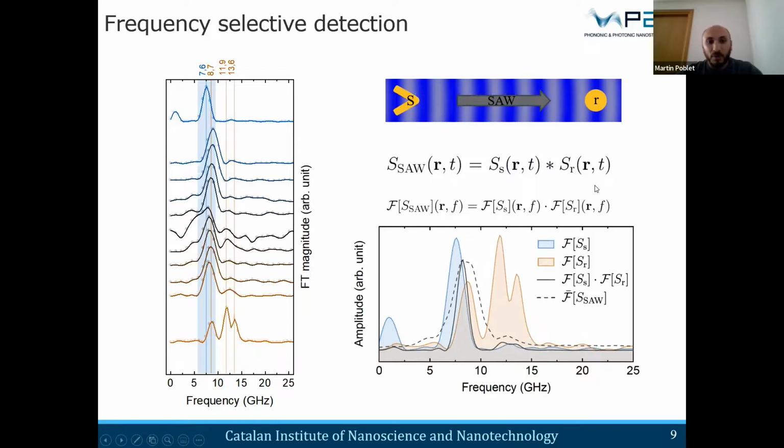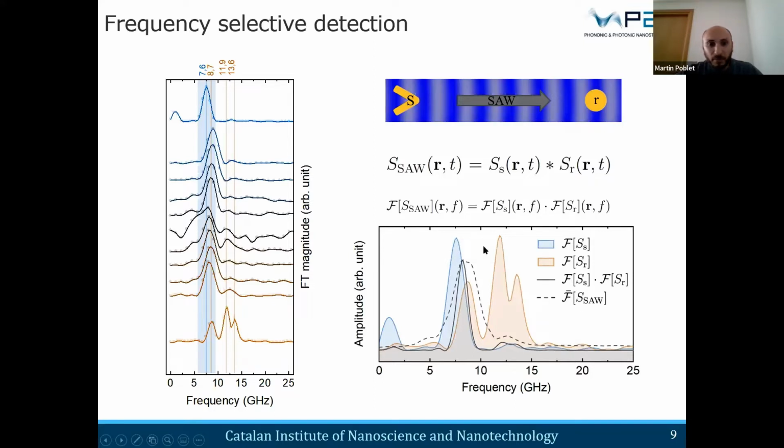And in this way, we could predict the response of the receptor to the excitation of the surface acoustic waves in the time domain. And in the frequency domain, via the convolution theorem, we obtained that the Fourier transform of the signals detected due to an acoustic excitation will be determined by the product of the Fourier transform of each of the optically excited antennas.